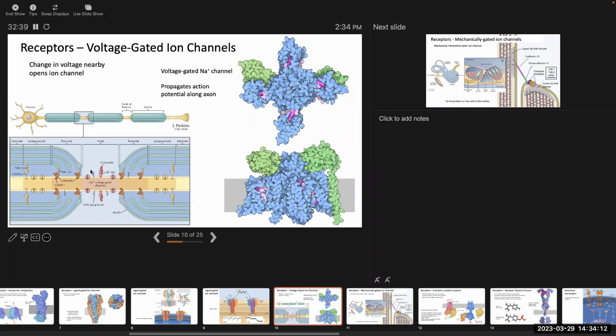They're really tiny, but if you look in here, some of these little pink guys are voltage-gated sodium channels, which are the ones that then allow the sodium to come rushing in. Right, so these are voltage-gated ion channels that open in response to a change in voltage nearby.